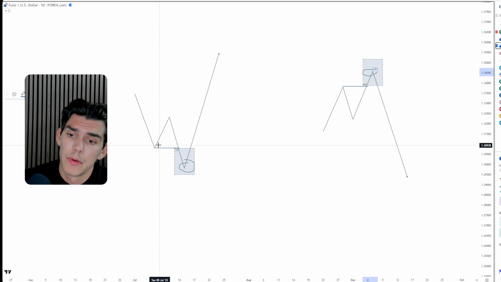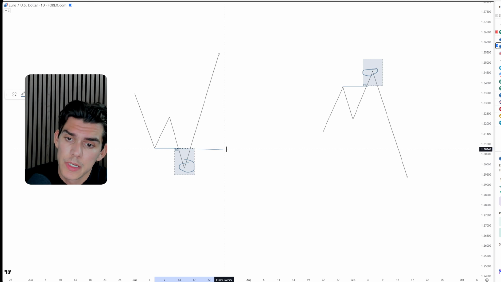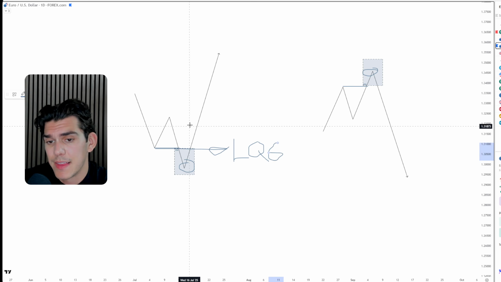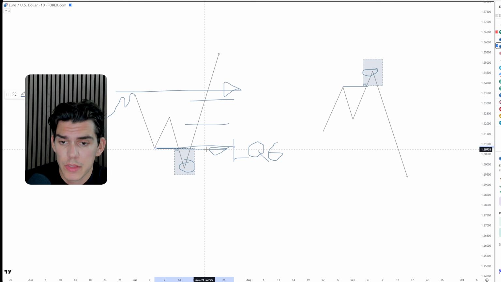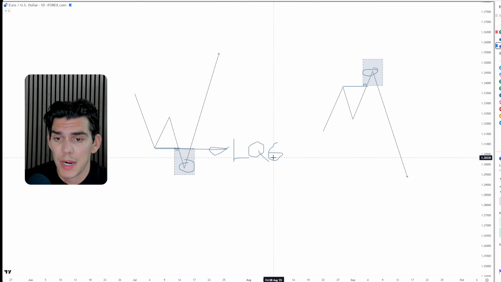This sell-side liquidity can be what we call a liquidity grab, an LQG. That gets confirmed if price leaves behind an imbalance and then takes out a swing point right here. Then that sell-side liquidity, with the body close above that level, becomes a liquidity grab.